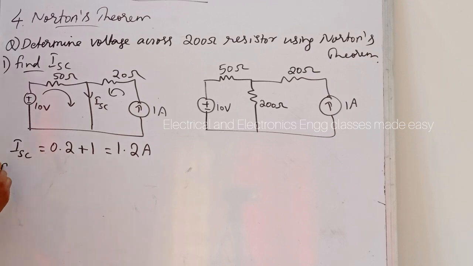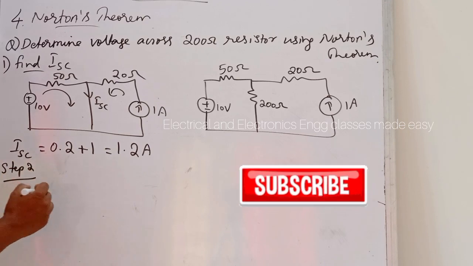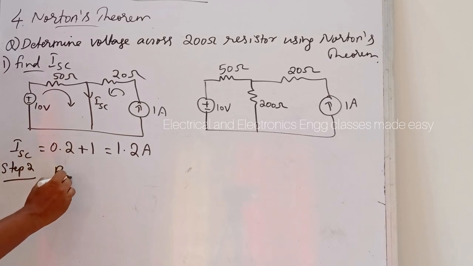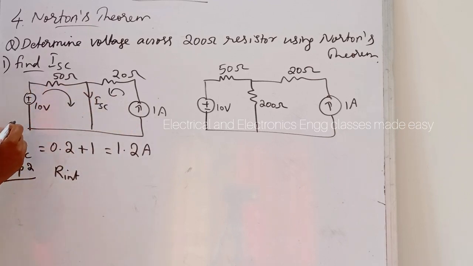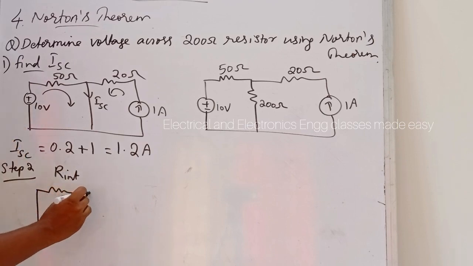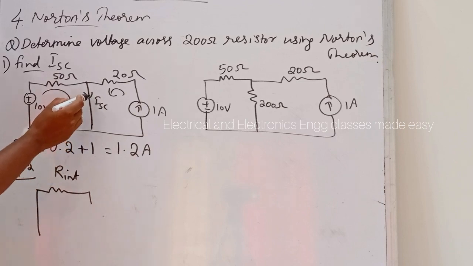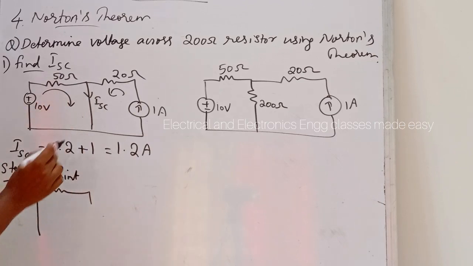Next, in step 2 we have to find R internal. So to find R internal we have to deactivate the sources. That is, here we have to short circuit this voltage source and also open the terminals.